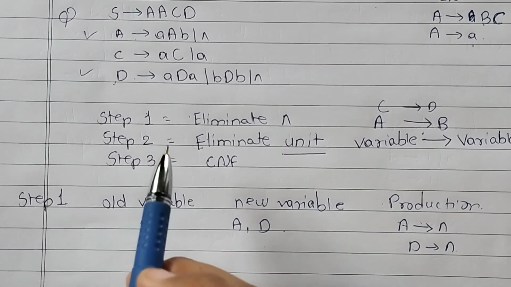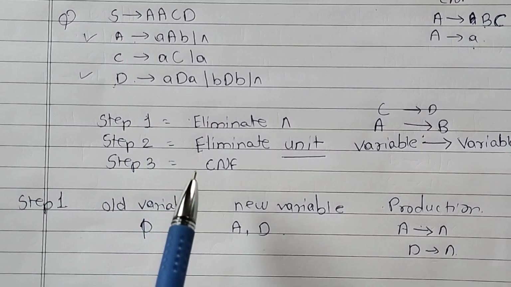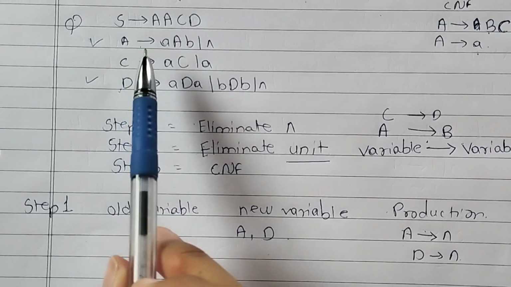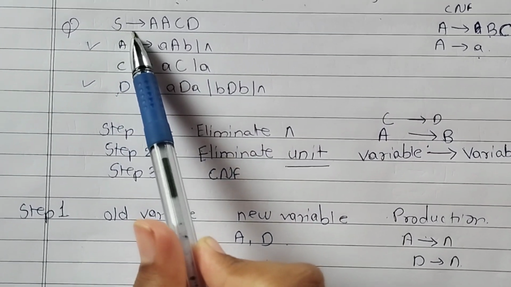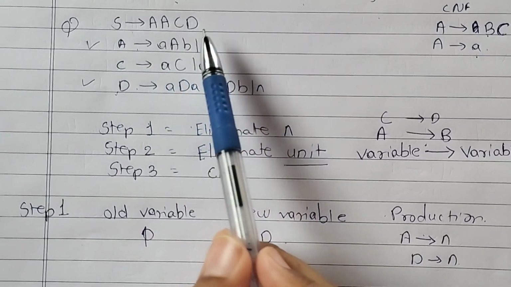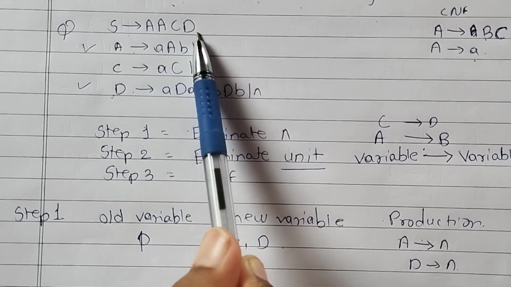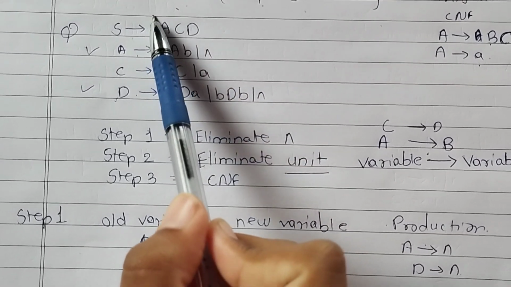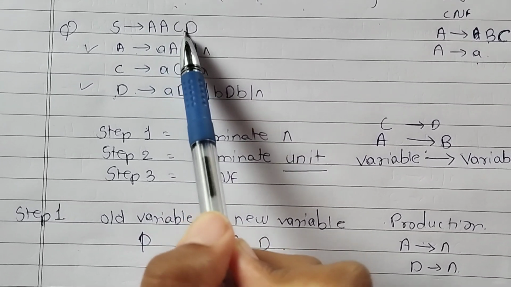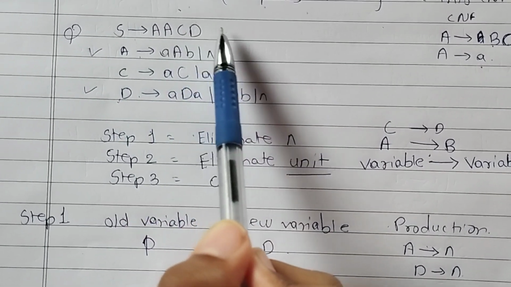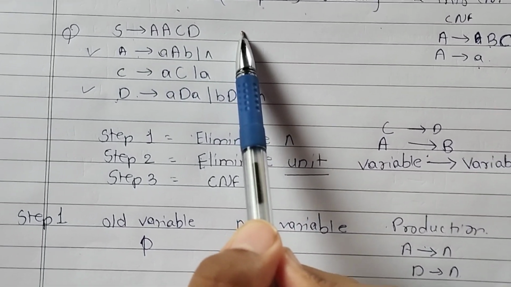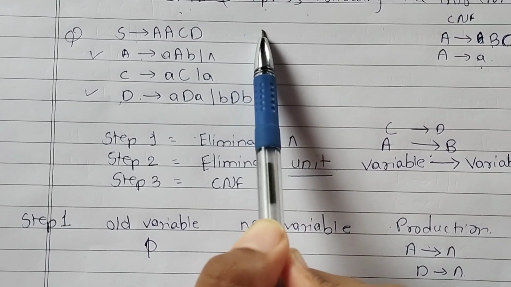Now we see whether any combination of A and D produces one single variable, or whether the combination is formed or not. Here A and D are present, but if we assume this as null, then this C is present. So this S is not converted into a null value. So this is not a whole null.